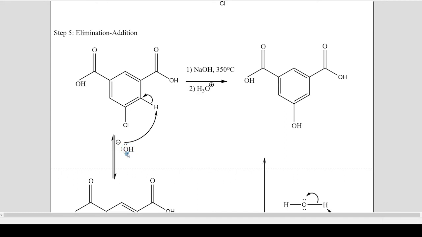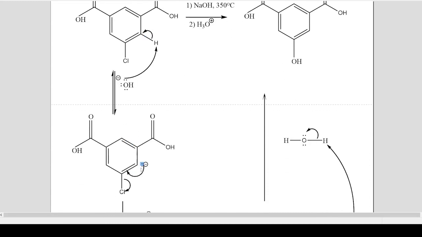Hydroxide functions as a base and deprotonates the aromatic ring. Hydroxide is taking this proton away, and this bond is going in here, making a lone pair on this carbon.